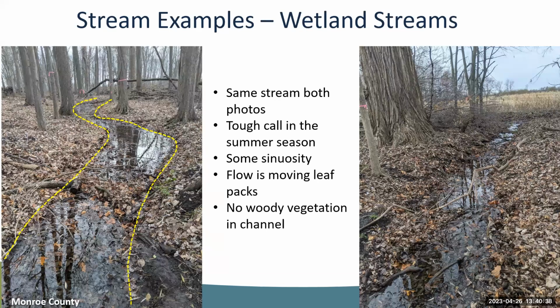But you can see that there is some sinuosity to this channel. Since we're out here when there is some water, you can see that flow is moving the leaves in this channel and stacking them up. So there's movement of those leaf packs. And you can also see that there's an absence of woody vegetation in the channel.